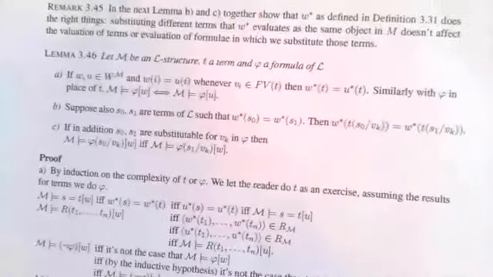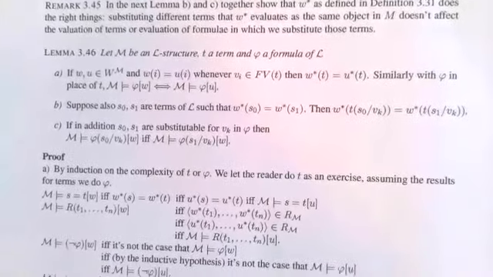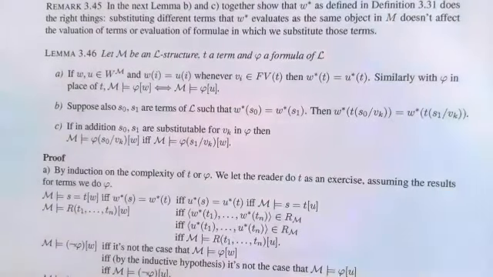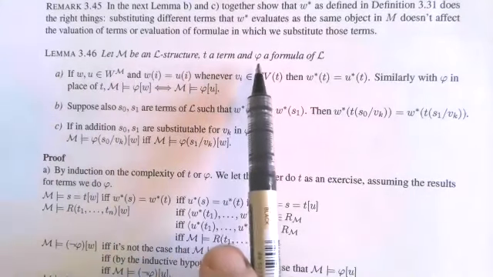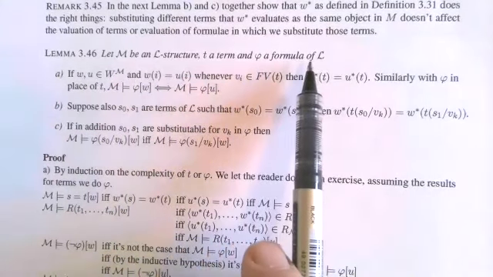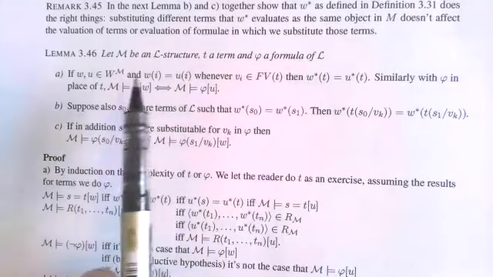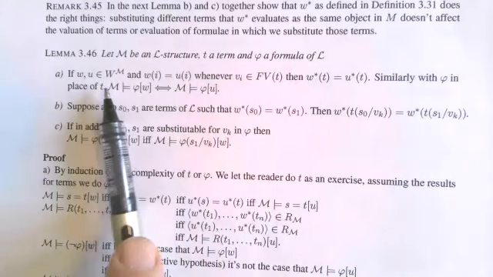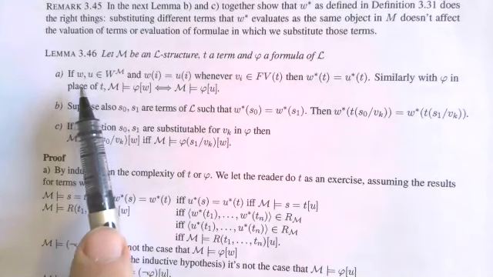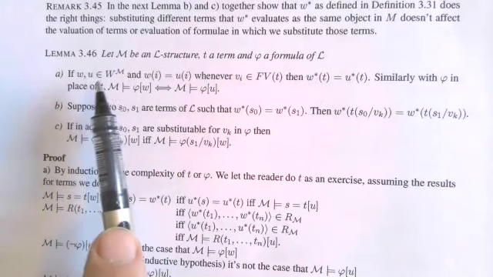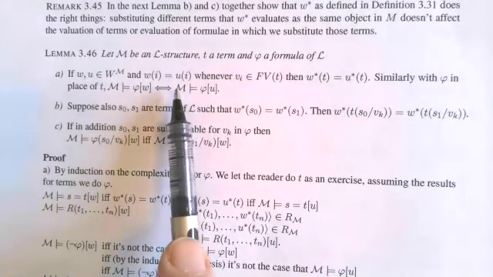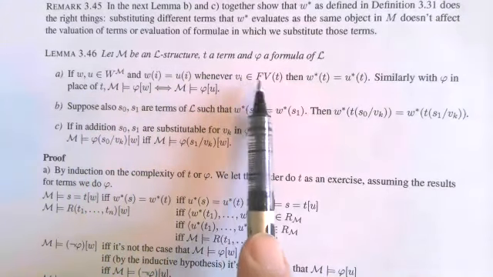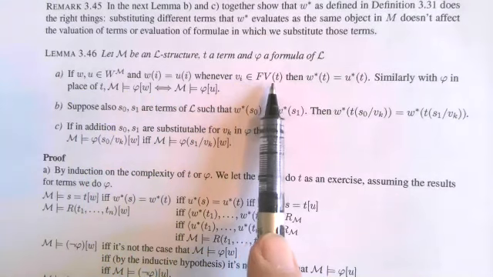So let's look at 346. I've got a structure, and I've got a term and a formula of the language. Now I've got two assignments, W and U, and they have the property that they assign the same things to the free variables of T here.